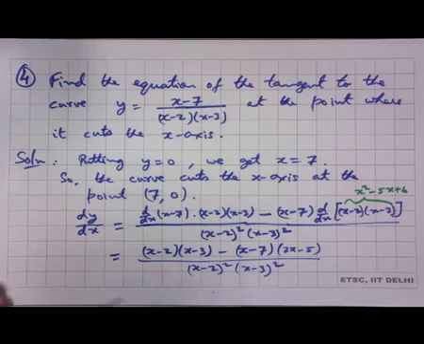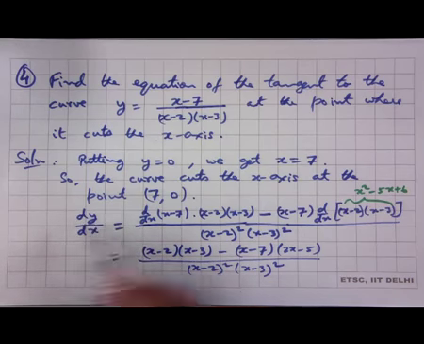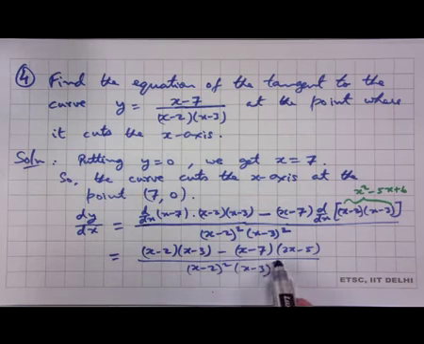Now, note that we have to find the slope at the point (7, 0). So, if I put x equal to 7, the second term is 0.